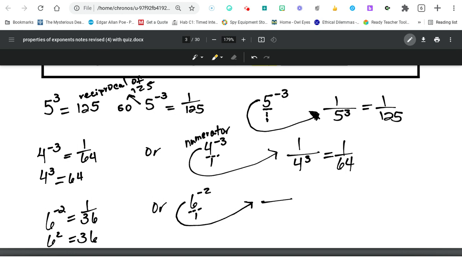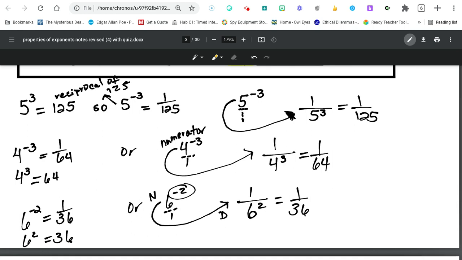So instead of the numerator containing the 6, the denominator would contain the 6. So I move from numerator to denominator. I'm going to use N for numerator, D for denominator. But if I move my base from one place to the other, the exponent will always change signs. So that's 1 over 36, guys.